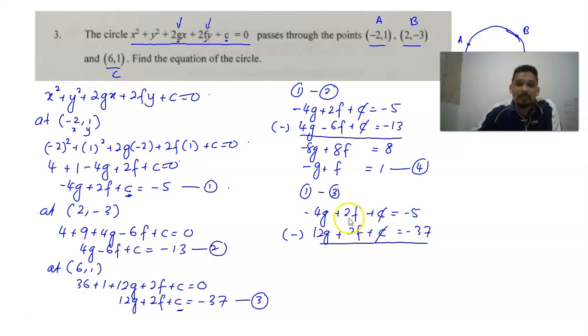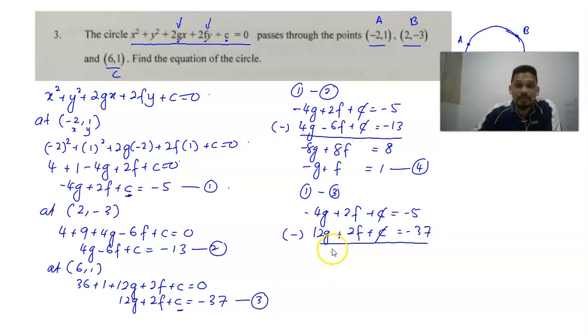Most of the time you will not see this happen: 2f minus 2f, we can easily subtract, getting 0, then strictly get a value of g. Not all the time.